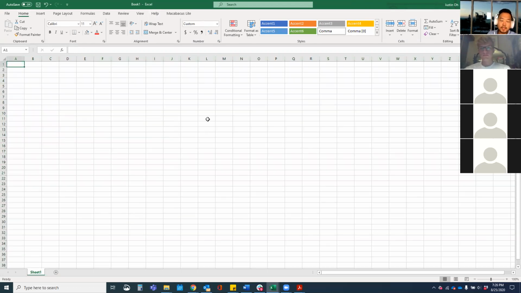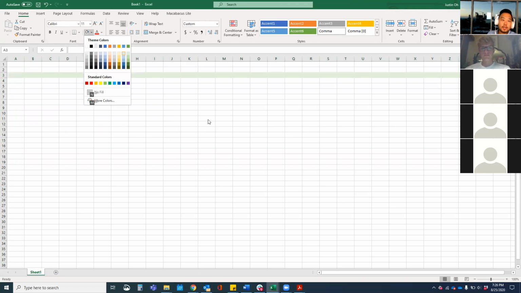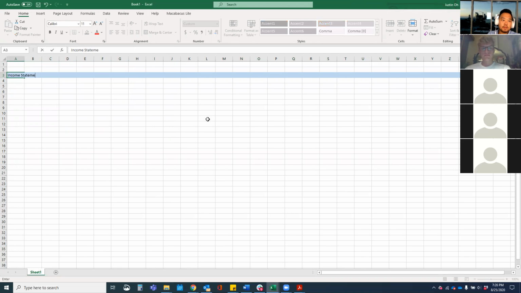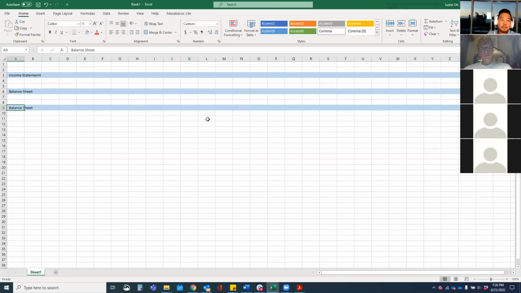So obviously we're going to start with a three-statement model, right? The first thing you want to do is the three statements: income statement, balance sheet, cash flow statement.